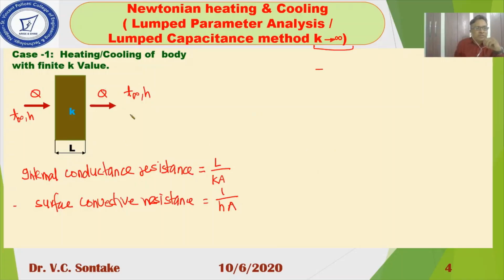That is, when heat transfer is taking place across this face and this face of the body with finite thermal conductivity K, the material of the body will offer this much thermal resistance to the heat transfer, and the surrounding fluid will offer this much convective resistance. In this case, I am also considering that the surface area and volume of this body are comparable.